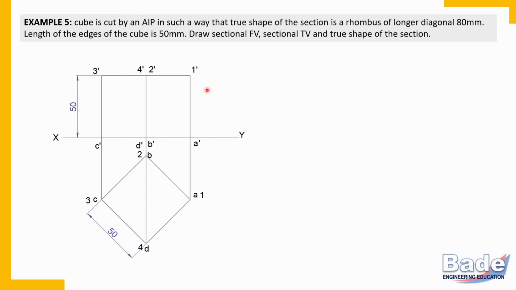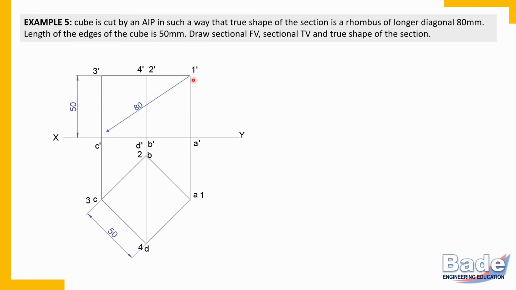In an earlier problem we found the position of the cutting plane for the largest possible rhombus. In this case, we want a rhombus with longer diagonal 80 millimeters. So how to achieve that? Simple. The cutting plane line must have its overlap on the front view of 80 millimeters, and you can achieve it in this manner.